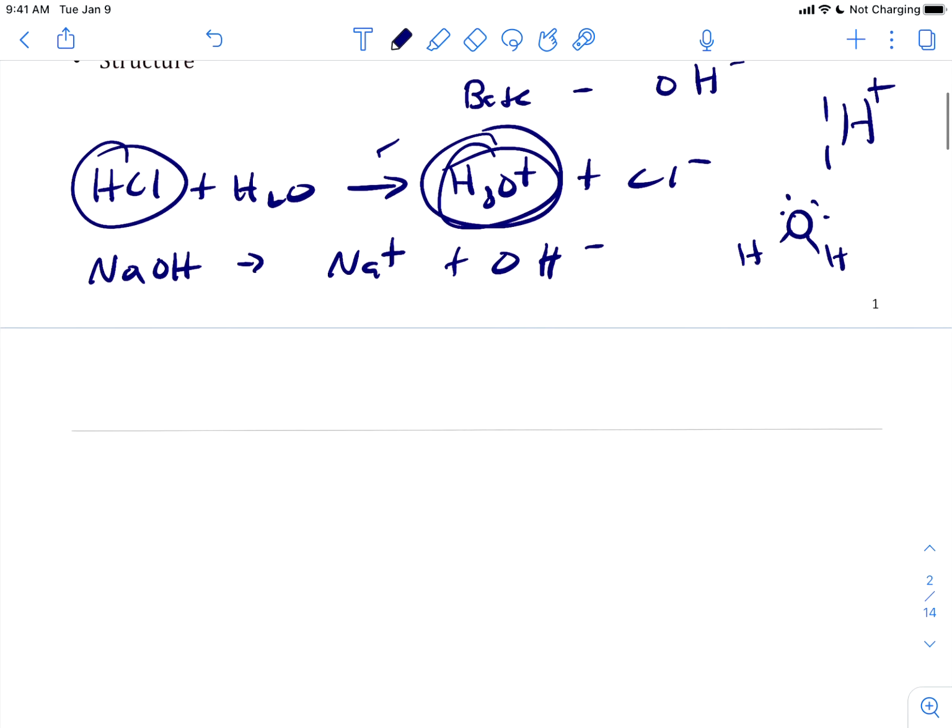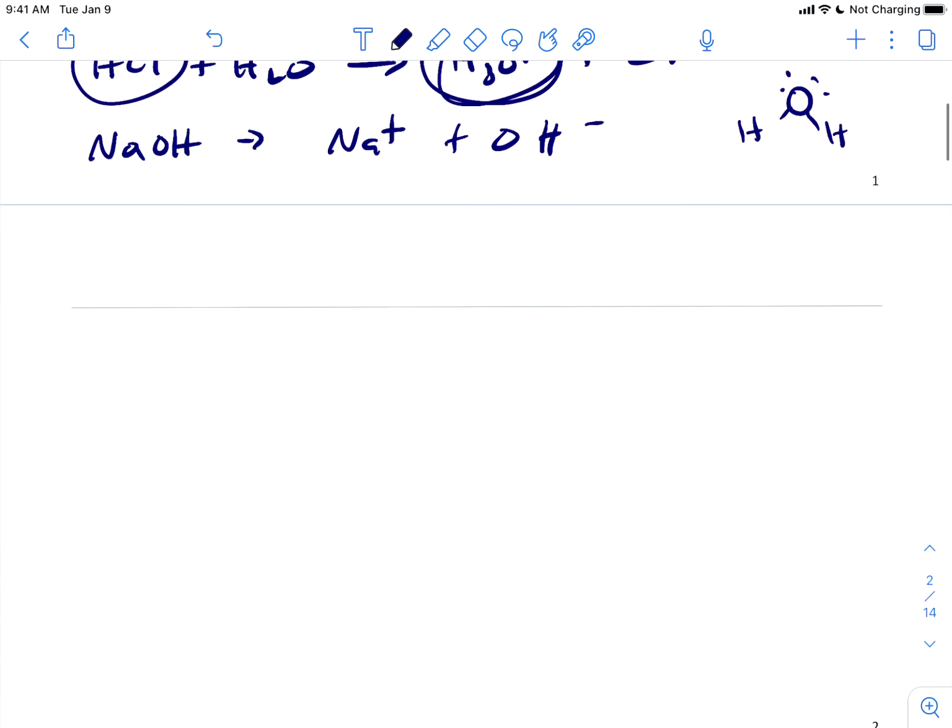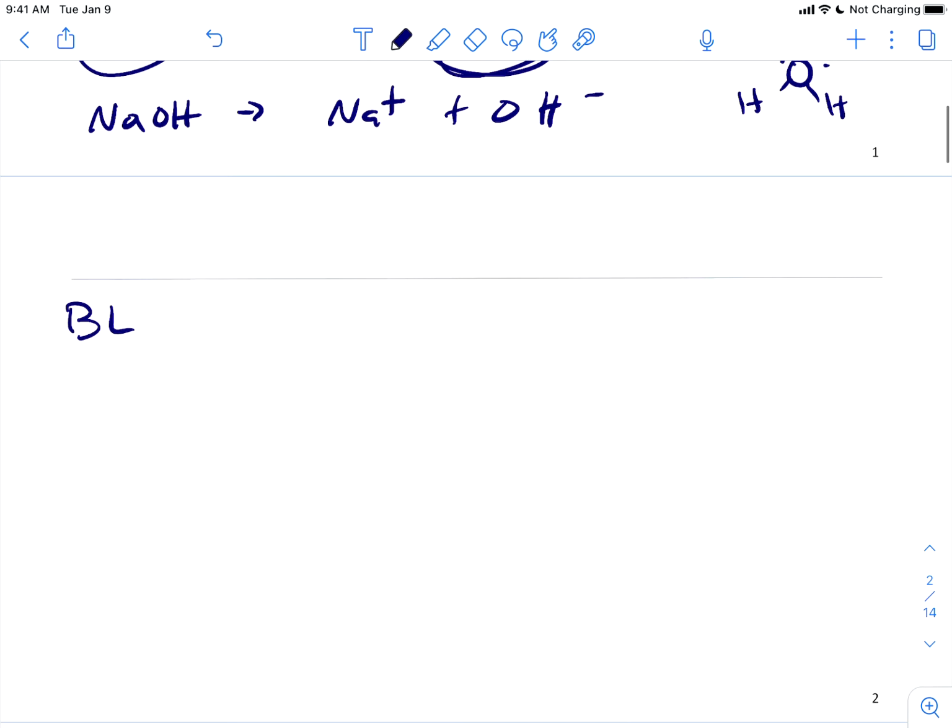Now let's take a look at the definition using the Bronsted-Lowry definition. The Bronsted-Lowry definition says that an acid is a hydrogen ion donor. Also, we say a proton donor, because a hydrogen ion is just a proton. And the base definition is the proton acceptor, or hydrogen ion acceptor.